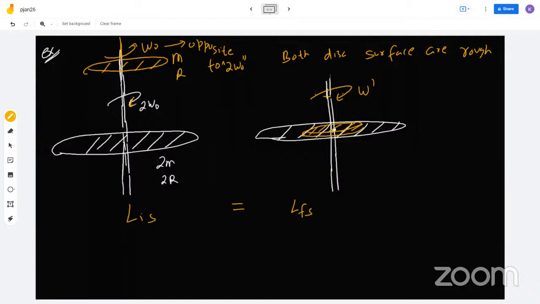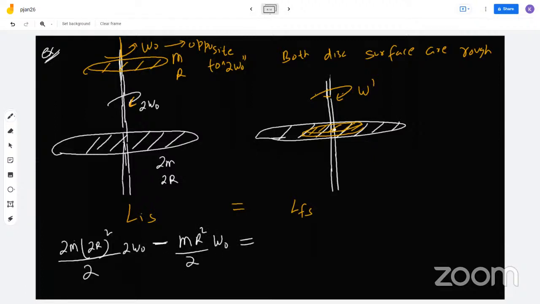Initially, what will you write as the initial angular momentum? For the first disk, 2m into 2r whole square by 2 into 2 omega naught, and the other one is in the opposite sense, therefore minus m r square by 2 omega naught.